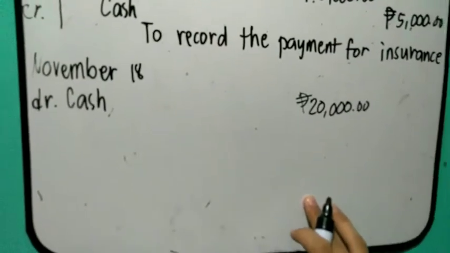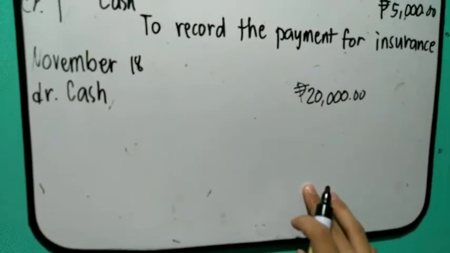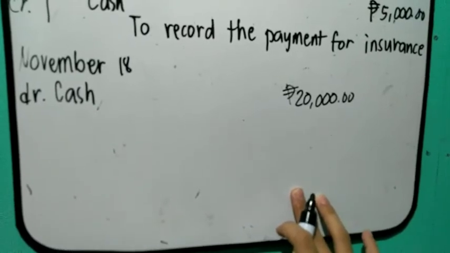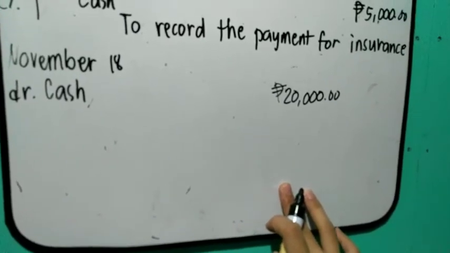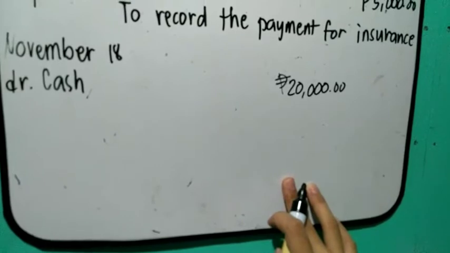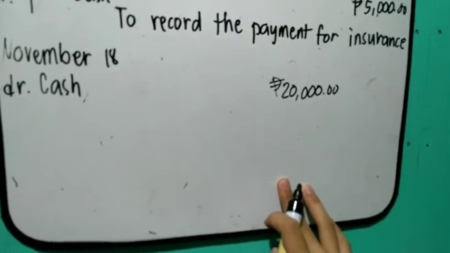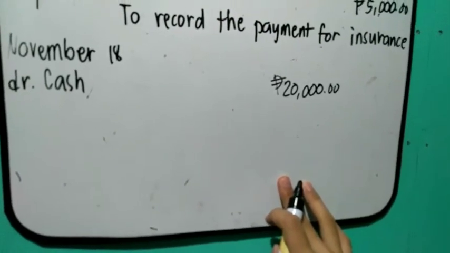And what is your value parted with? What did you give? Most likely, when you borrow money from a bank, you will have a payable because that's an utang.